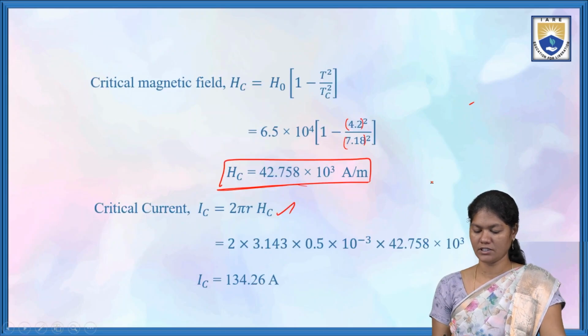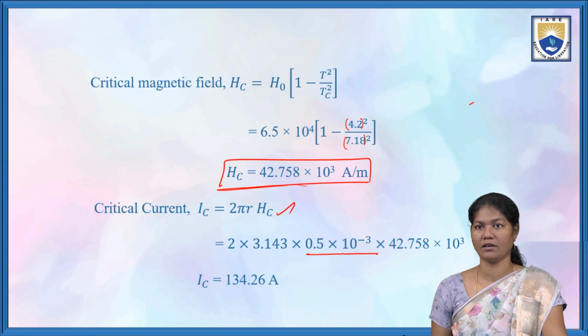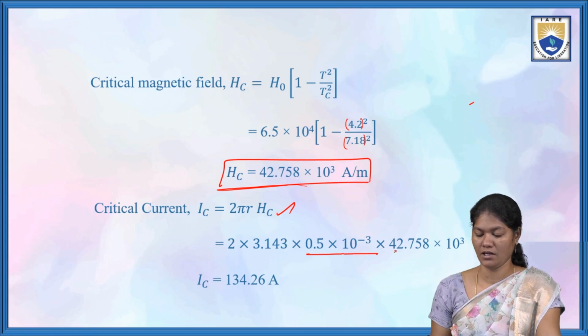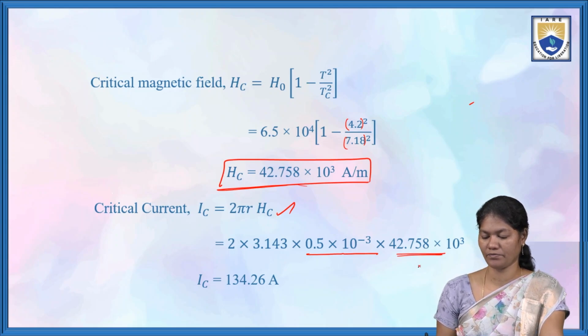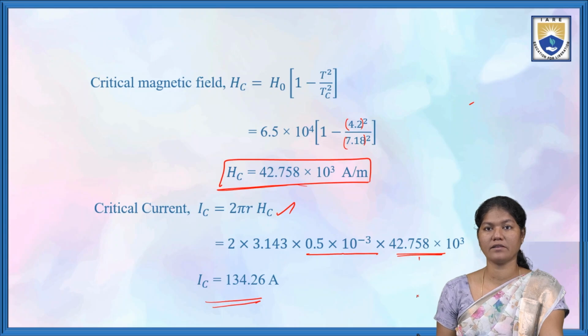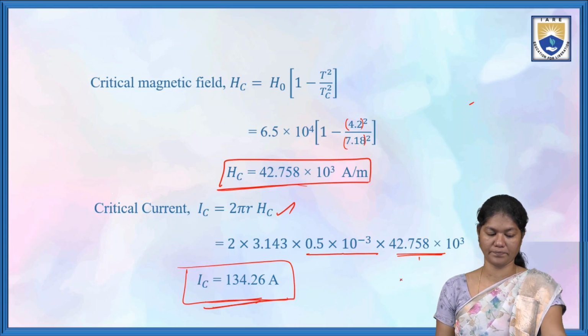So 0.5 into 10 power minus 3, which is the radius, into 42.758 into 10 power 3, the Hc value. So Ic, the critical current, is equal to 134.26 amperes. So this is the critical current.